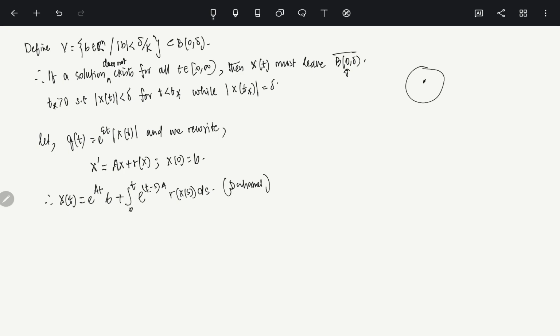Okay, so now we multiply this particular equation by e power epsilon t.